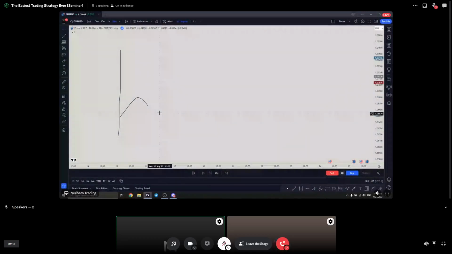Price is just going inside of each other, and then somehow there was a fair value gap here, and this was the first fair value gap of the week.